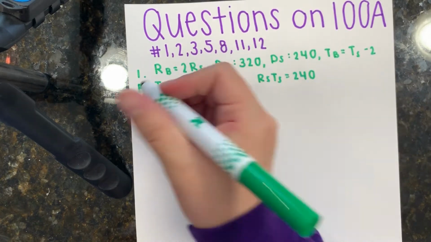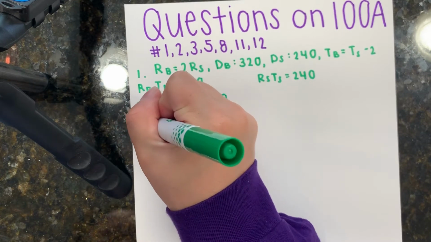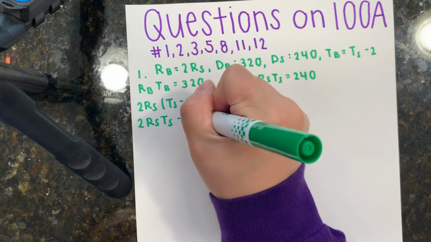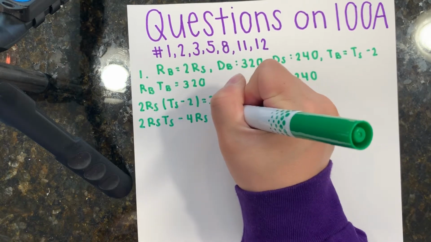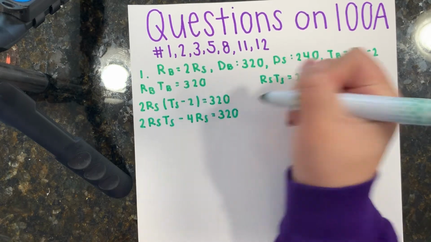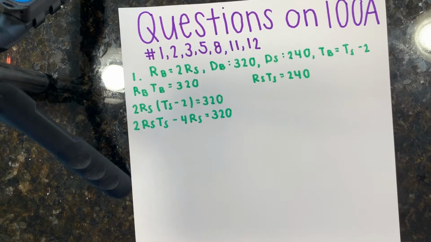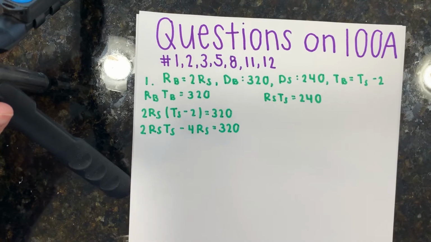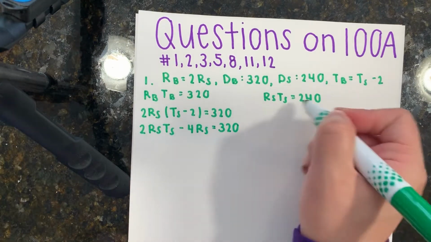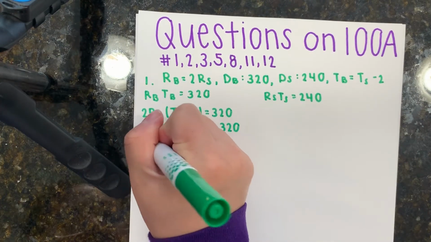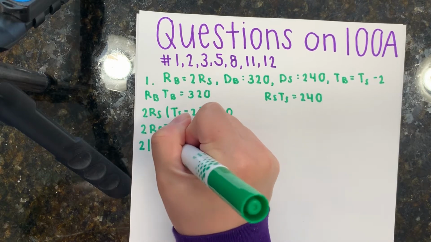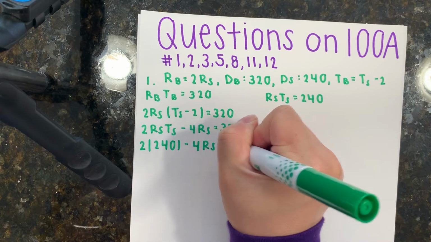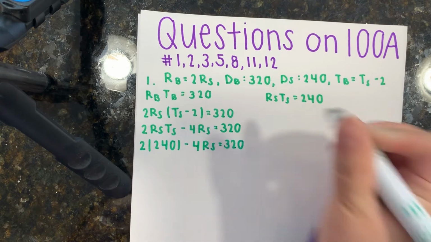And you're going to distribute that, so that would be 2 RS TS minus 4 RS equals 320. Now we know what RS TS is equal to. RS TS is equal to 240 right here. So that'd be 2 times 240 minus 4 RS equals 320.